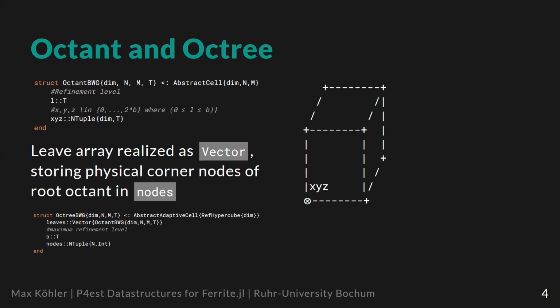Then you have the maximum refinement level, because this needs to be known a priori, otherwise your coordinate system is not defined for the octree. It's just an integer. So in the previous example, it was 2. And the nodes that are anyhow given for grids in Ferrite, which just define the physical node IDs. So those are the physical nodes, such that you know where your octree belongs in the physical space, where it sits, basically.